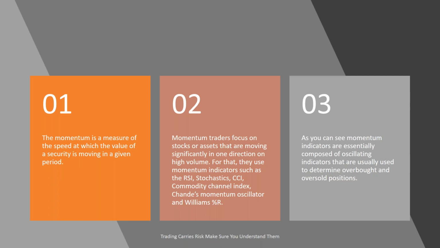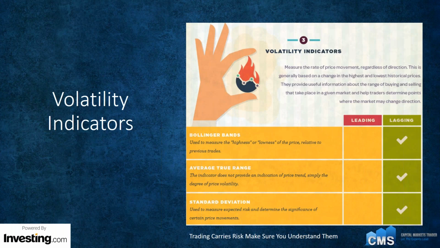Momentum is a measure of the speed at which the value of a security is moving in a given direction. Momentum traders focus on stocks and assets that are moving significantly in one direction on high volume. So as you can see, momentum indicators are essentially composed of oscillating indicators that are usually used to determine overbought and oversold positions.